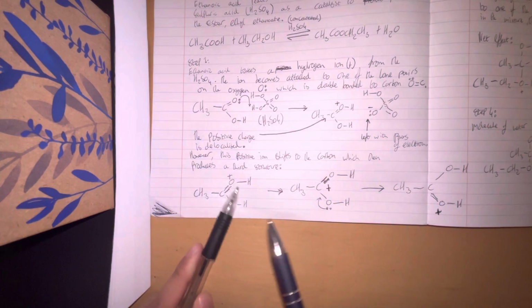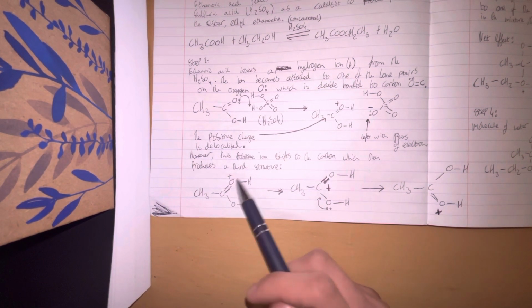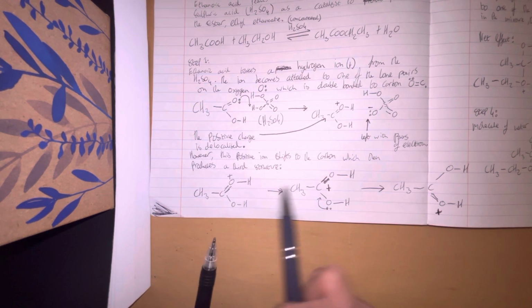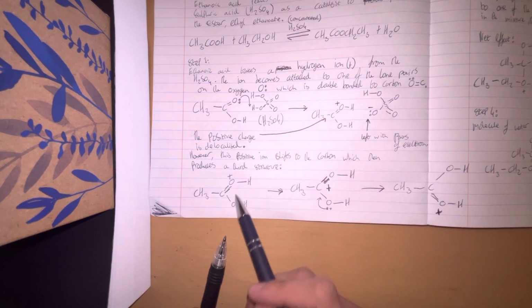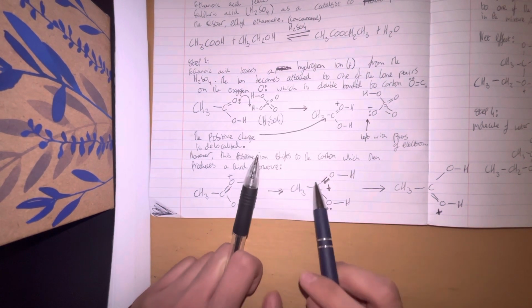This third structure here is CH3, C double bond O with the plus with the proton, and HOH here as well. This then moves over to here. Oh wait, no, this was from here to here. So this is the third structure.